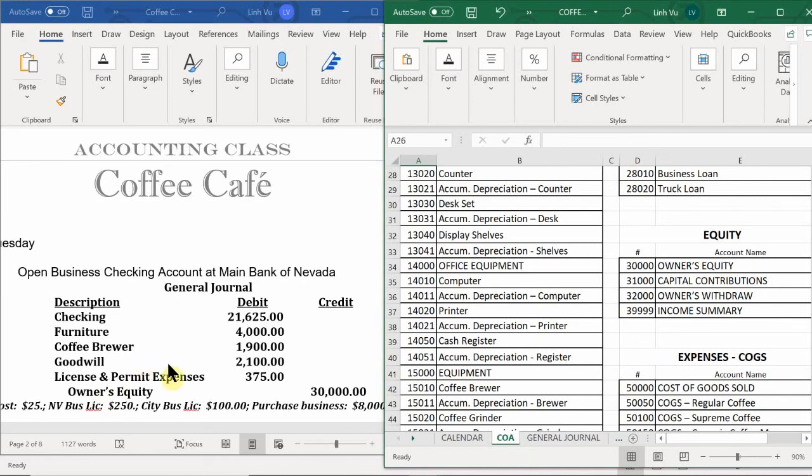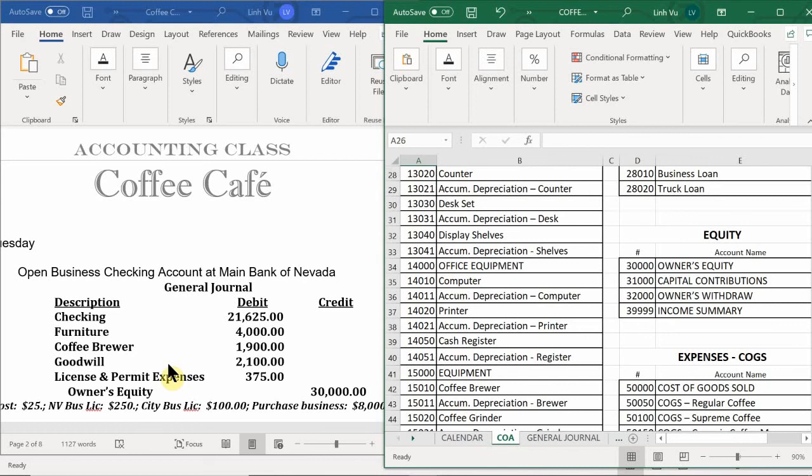In this case, let's take a look at my chart of accounts one more time. Now, equipment is a main account. Underneath equipment, we have coffee brewer, coffee grinder, and cash register. Those are sub accounts, because they give the main account more detail.